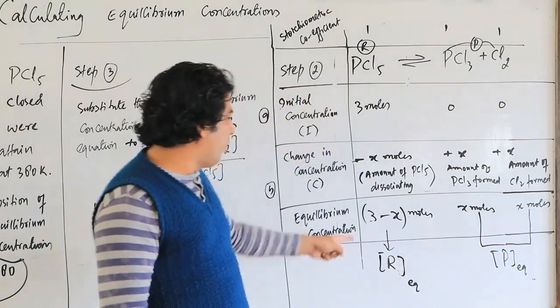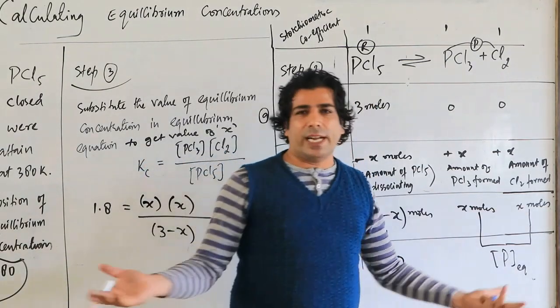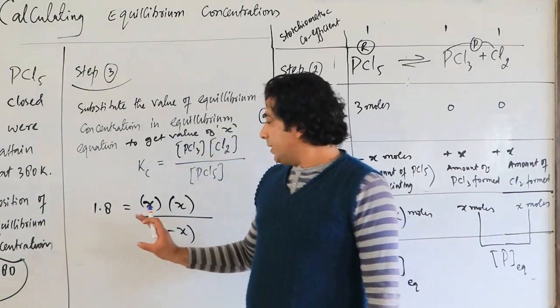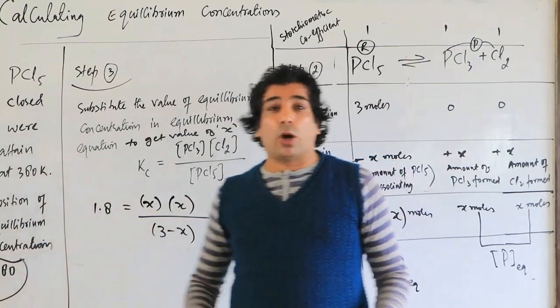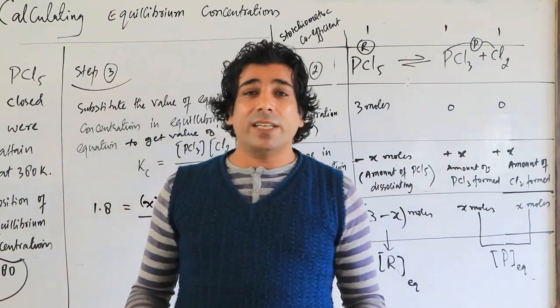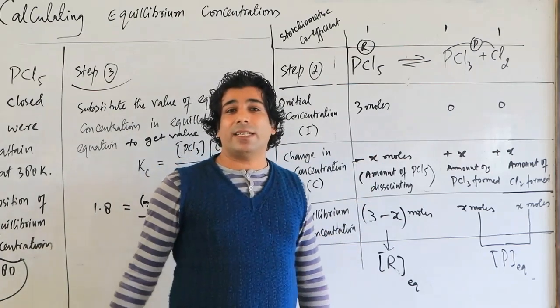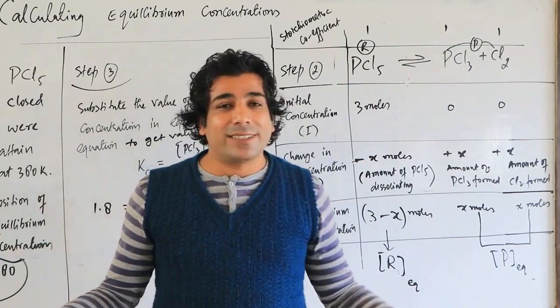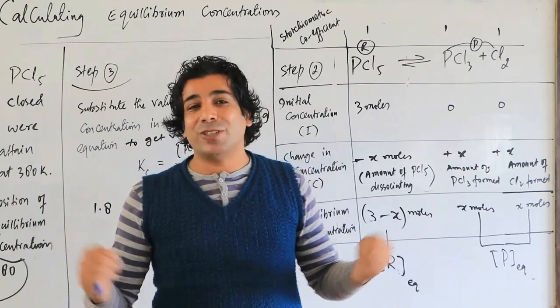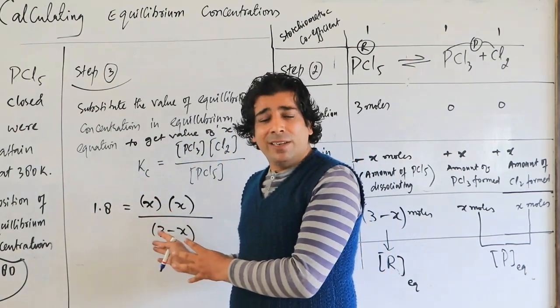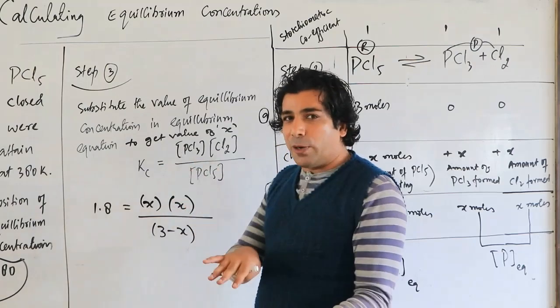You will put the value of x here, here and here, and you will get the equilibrium concentrations. But sometimes this equation will turn out to be a quadratic equation. If it turns out to be a quadratic equation, then separately you have to calculate the value of x by using the quadratic equation formula. So let us see whether we can simply get an x value here, or it will turn out to be a quadratic equation.